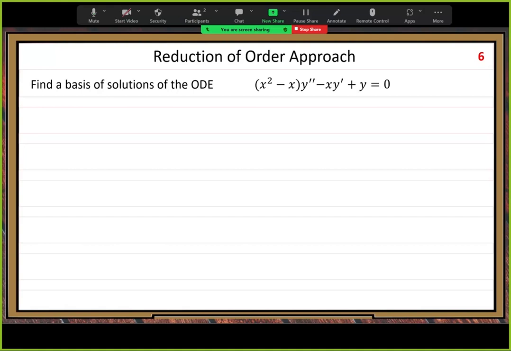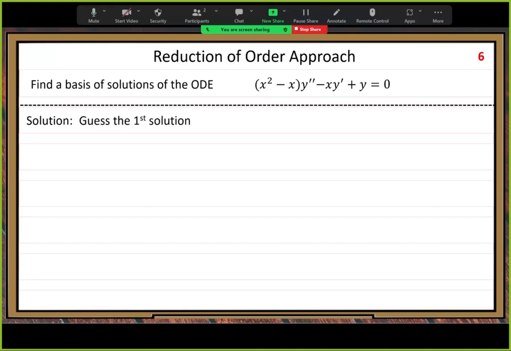It is given in the first solution, y1 equals x. It's a simple solution. You can check this is a solution. Because y double prime is 0, the first term is gone.